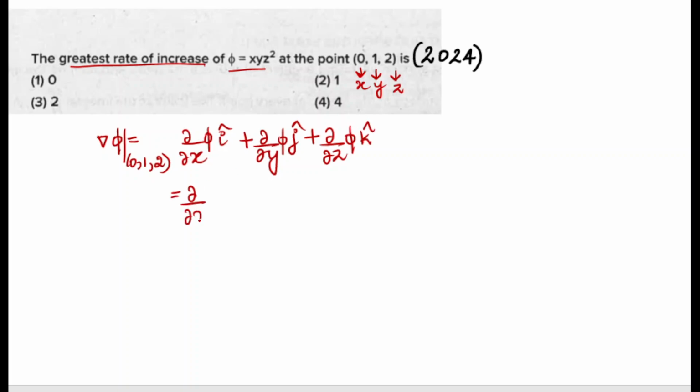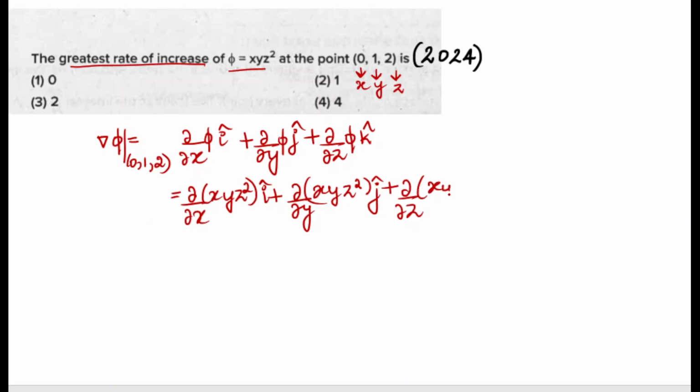Dou by dou x of phi is what? x y z square, plus i cap, plus dou by dou y of phi is what? x y z square into j cap, plus dou by dou z of phi is what? x y z square k cap. Now on differentiating partially with respect to x, keeping y and z constant, it will be 1 i cap plus x times z square j cap plus 2 times x y z k cap.